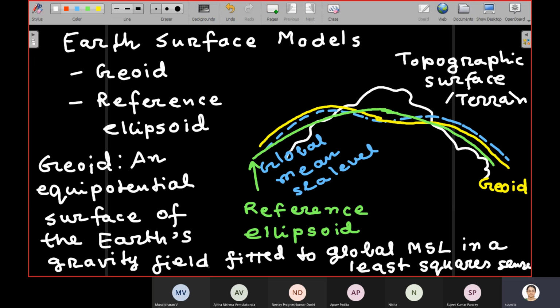This is a least square fit. So geoid is the least square fit to global mean sea level, and it's also an equipotential surface of the Earth's gravity field. I did not write gravitation. I wrote gravity. There is a difference between gravity and gravitation. It will be clear to you as we discuss this.